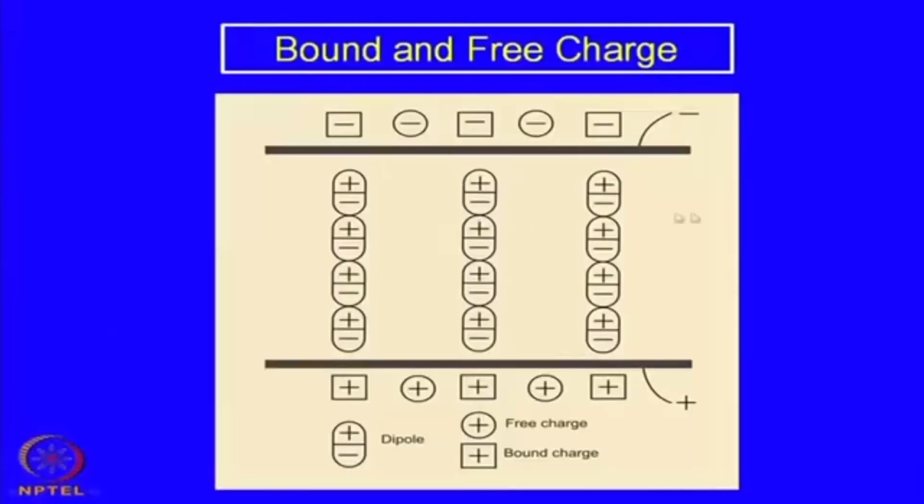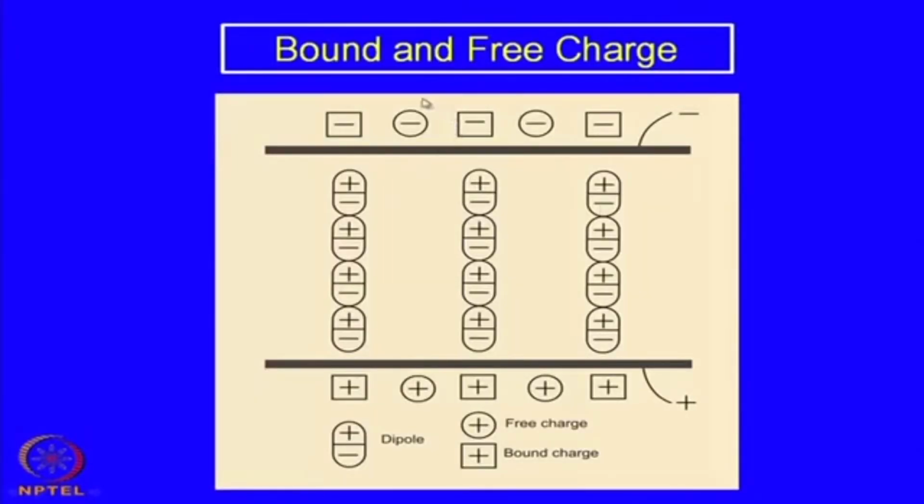However, not all the charges on the surface of the electrodes are bound by the dipoles generated within the solid. Only a fraction of them will be bound and others will remain free.